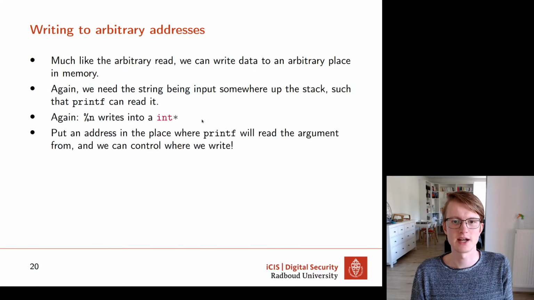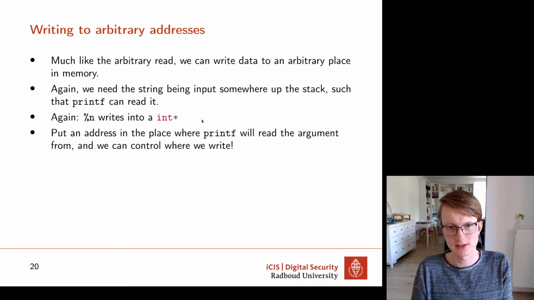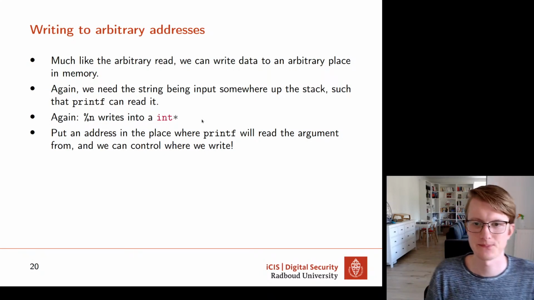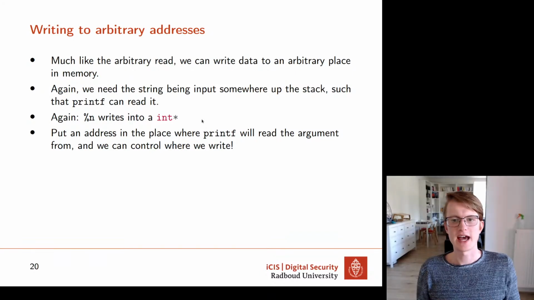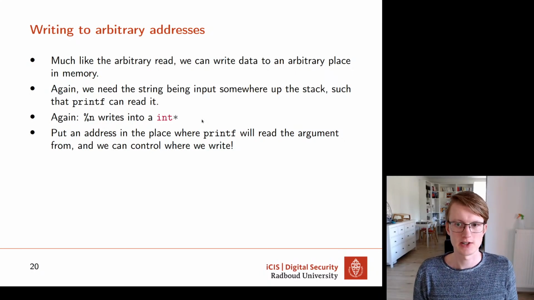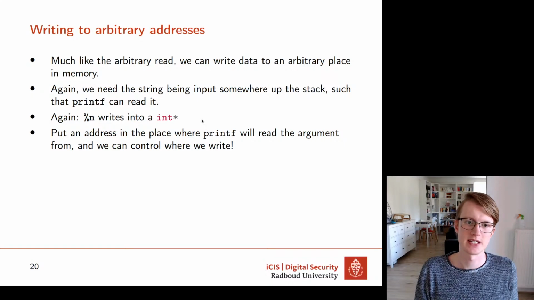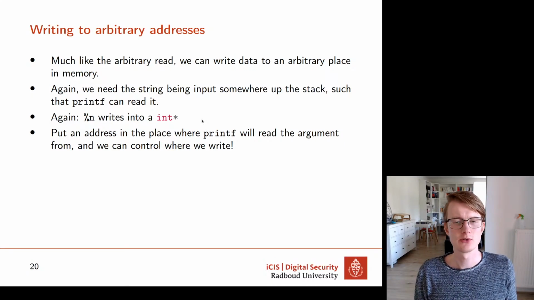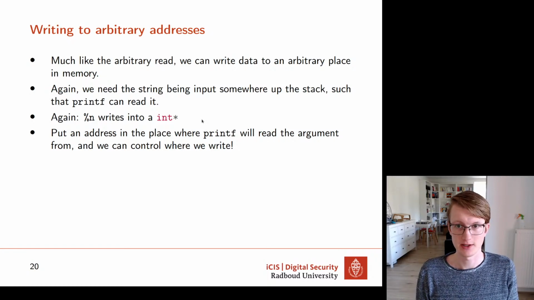Because %n writes into an integer pointer, we need a pointer to the place where we want to write. We can put an address in the place where printf will read the argument from, much like I just did with %s, and then we can control where we write. And writing something allows us to change variables, etc., or even override return addresses.